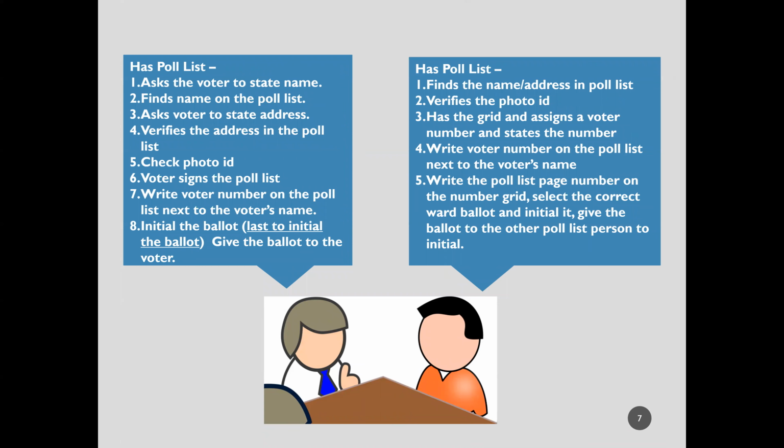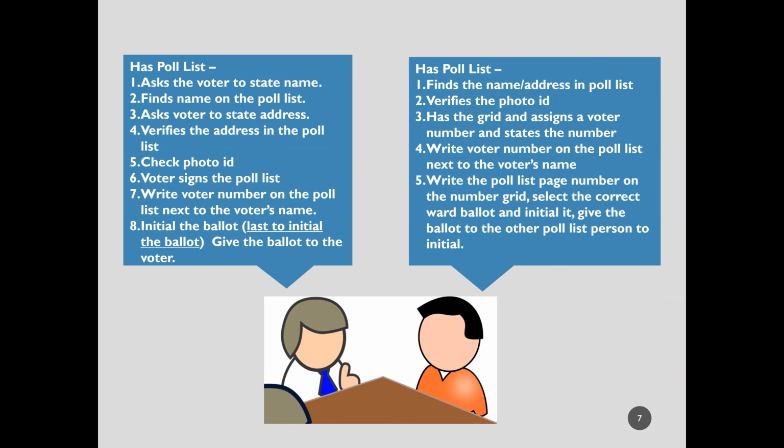This next slide shows what happens at the poll book table when a voter comes up. So one of the poll workers will ask the voter to state their name. They will find the name in the poll listing. They will ask the voter to state their address. They will then verify the address in the poll listing.